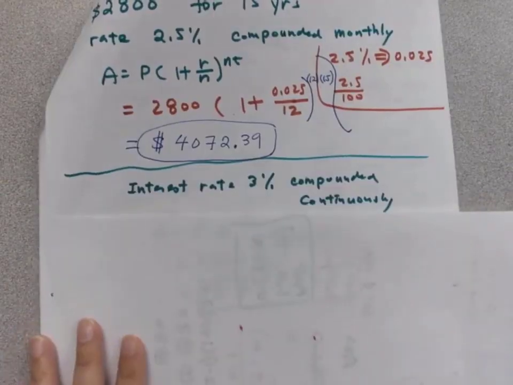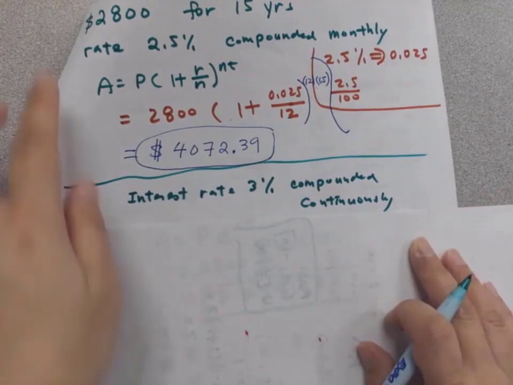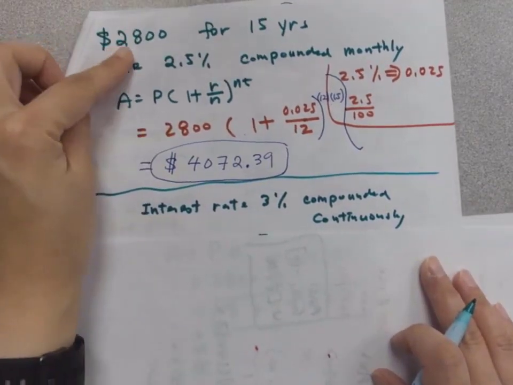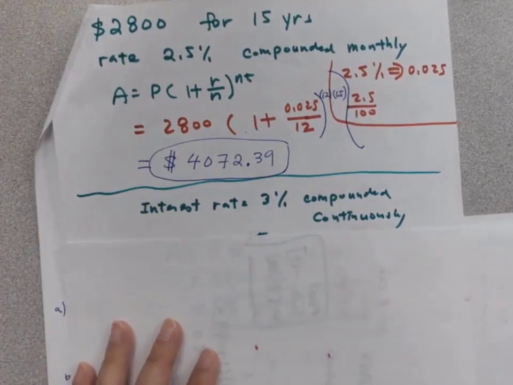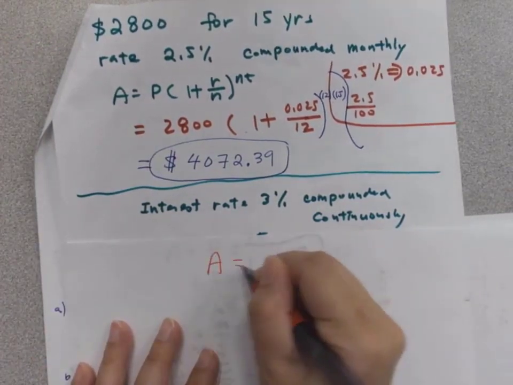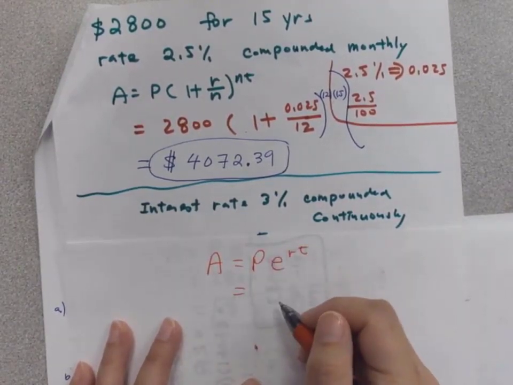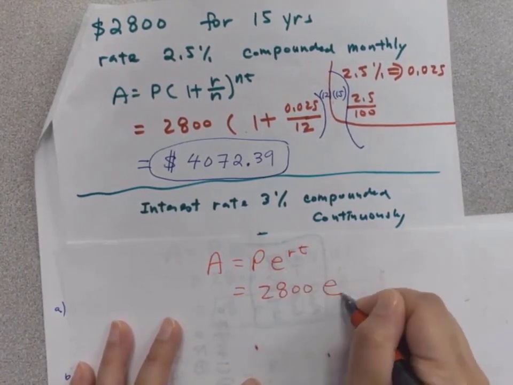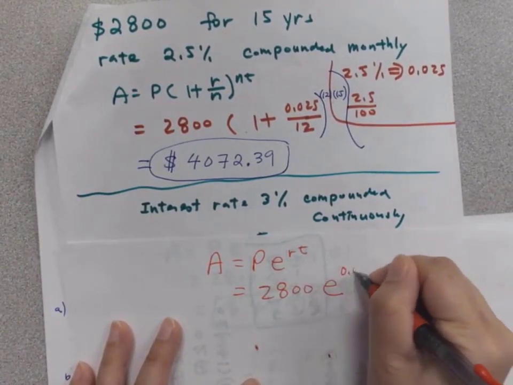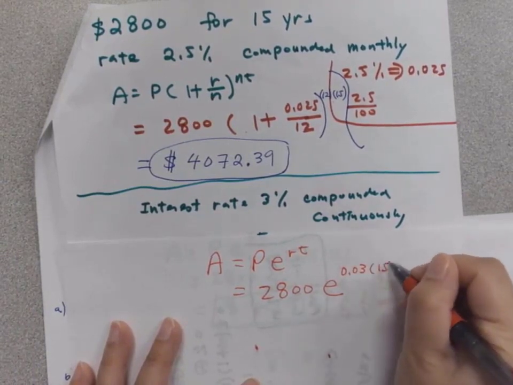You have the interest rate 3%, compounded continuously, using the same conditions as above. So this time it's continuous, so the formula will be A equals P e to the rt. Help me to plug it in. 2,800 e to the 0.03 for the percentage, and then 15 years.